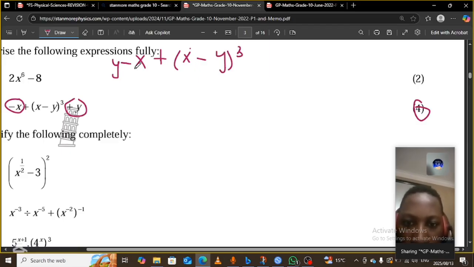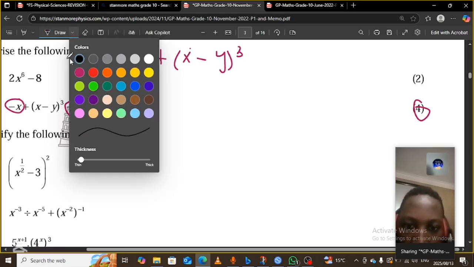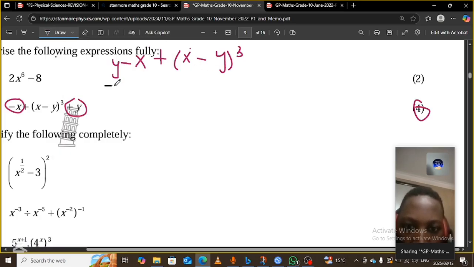And then remember, this is y minus x, it's not x minus y. And then x minus y. So we will take out negative as our common factor. After taking out the negative, the x will become positive, and the y will become negative.